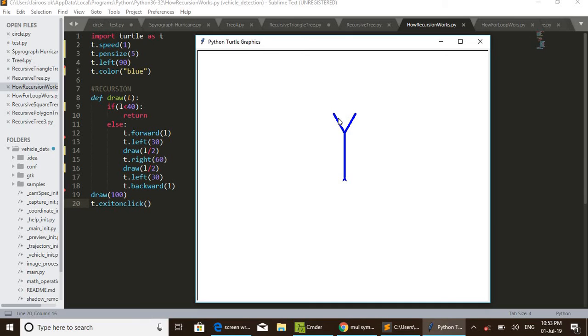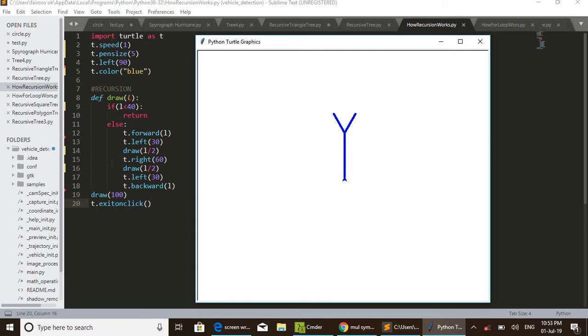Did you understand? Okay, in this direction, in this position itself. Then we can see t dot backward L. We are moving backward L units. L value is 50, so it moves backward 50 units to here. That is, the turtle reaches back to here.